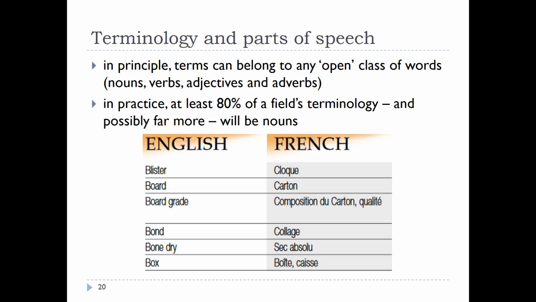The figure I have here is 80% of a field's terminology. Although that figure may in fact be much higher in many cases, at least 80% will be likely to be nouns. All the examples listed in the image here are, of course, nouns.